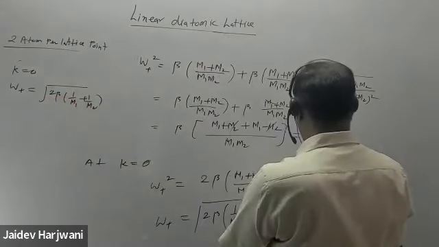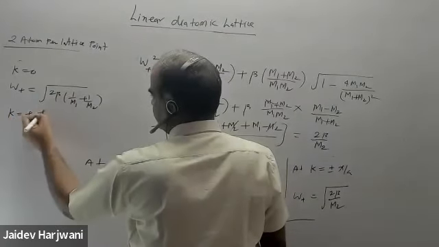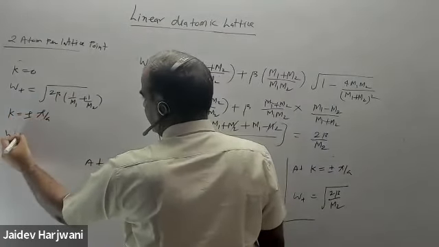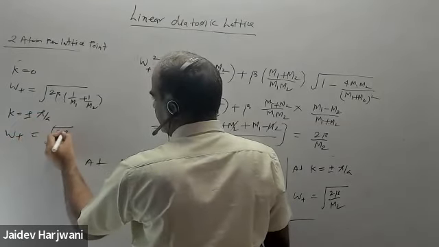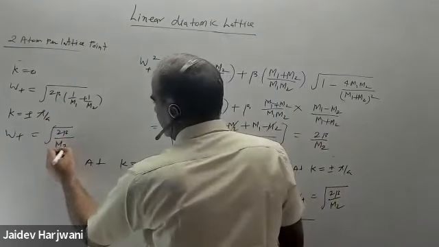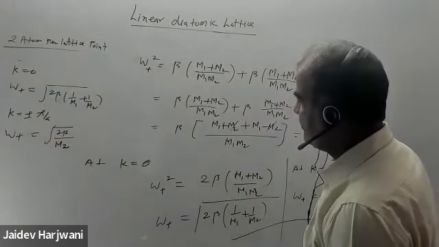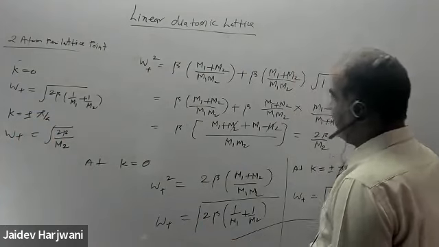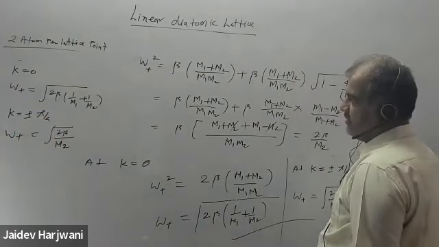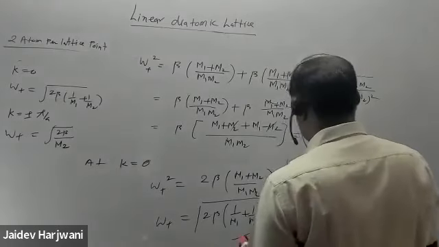Similarly at k equal to plus minus pi by a, I have omega plus equal to under root 2 beta upon m2. So these are the values of the branch at k equal to 0 and k equal to plus minus pi by a.